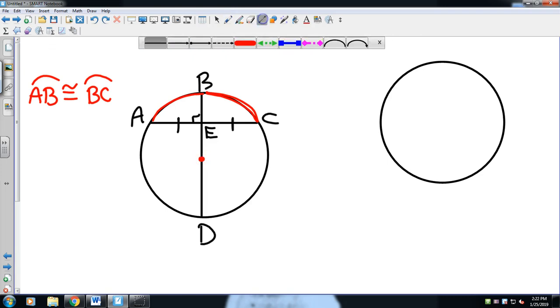If we had a situation where two chords are perpendicular, however, you'll notice if it doesn't go through the center, then the one segment's not going to be congruent to the other. You would still have four 90-degree angles technically, but for those arcs to be congruent, it does have to be a diameter that's perpendicular to another chord.